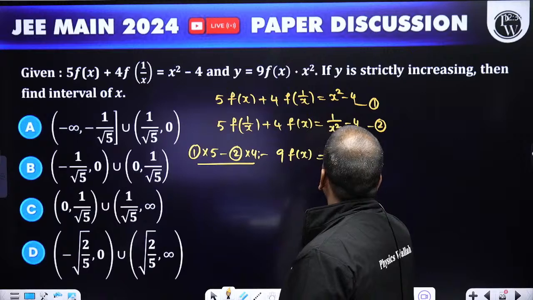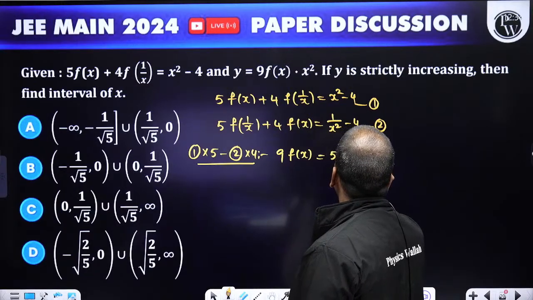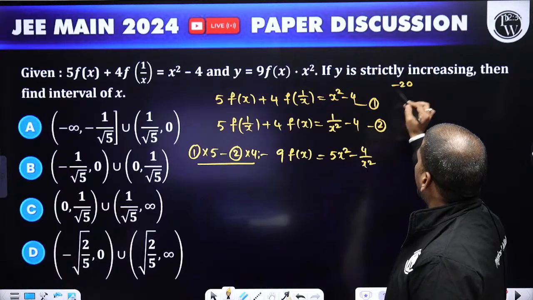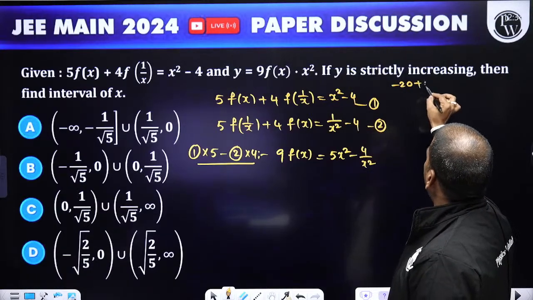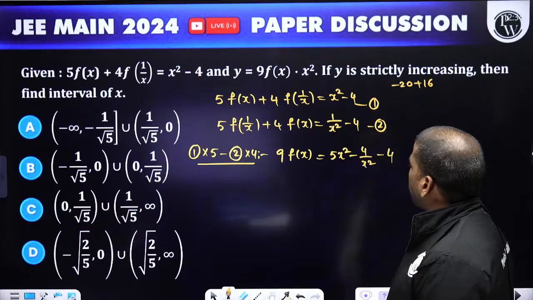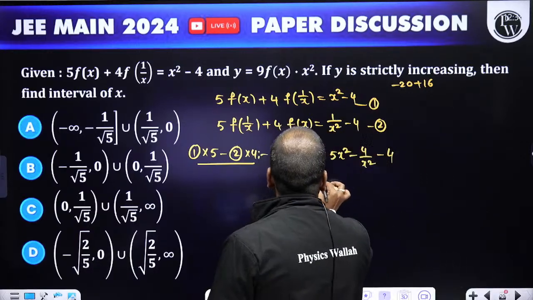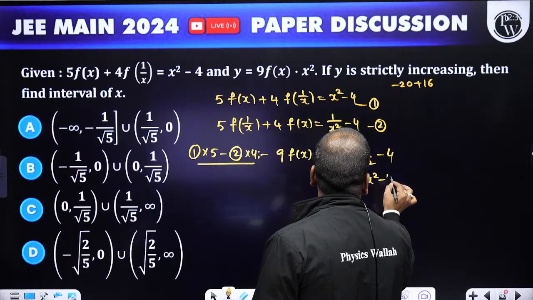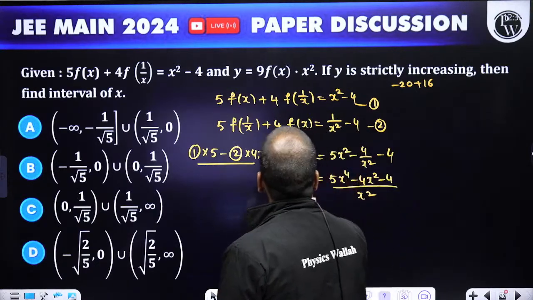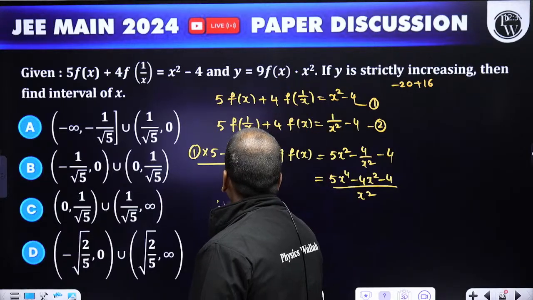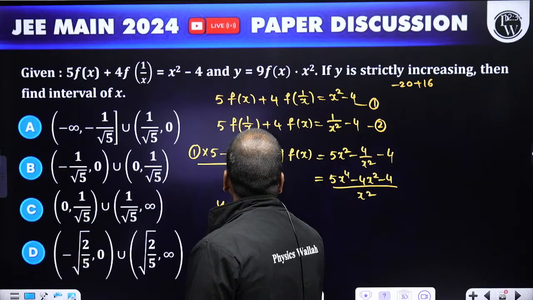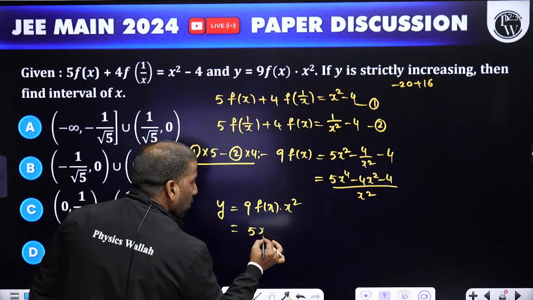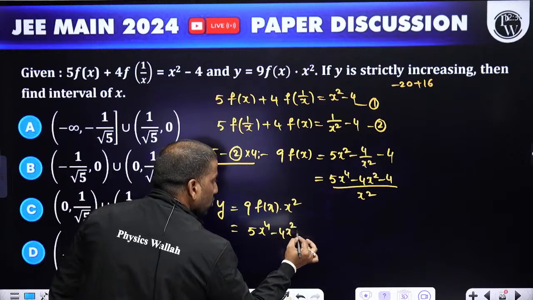This is 5x^2 and minus 4/x^2; coming to the constant, 5 4s are minus 20, plus 16, so finally this is minus 4. So then 9 f(x) = 5x^4 - 4x^2 - 4 over x^2? But our function y is 9 times f(x) into x^2, so these two x^2 will get cancelled: y = 5x^4 - 4x^2 - 4.